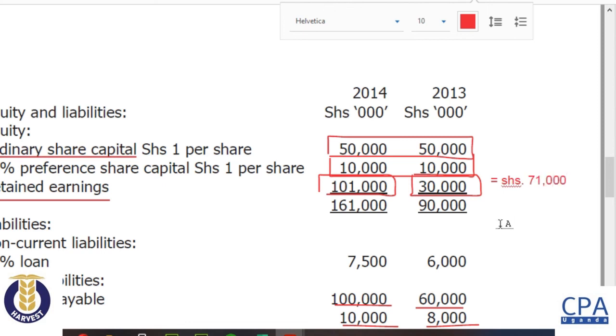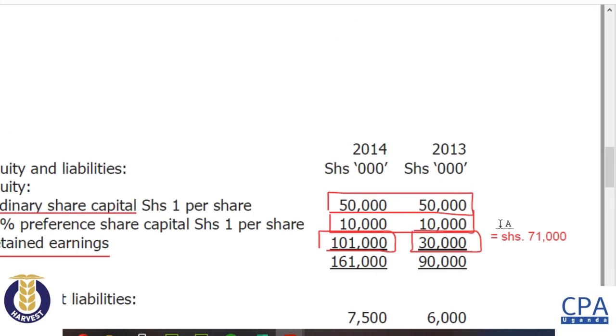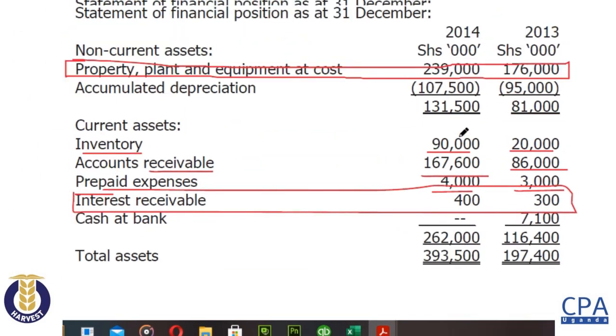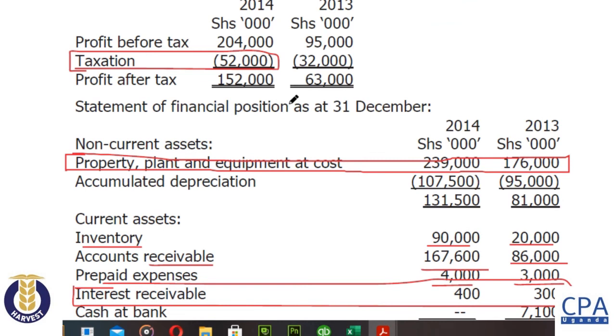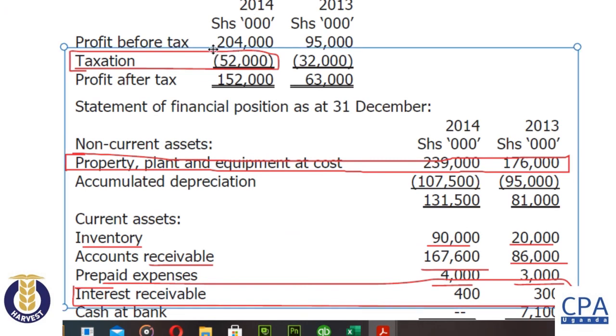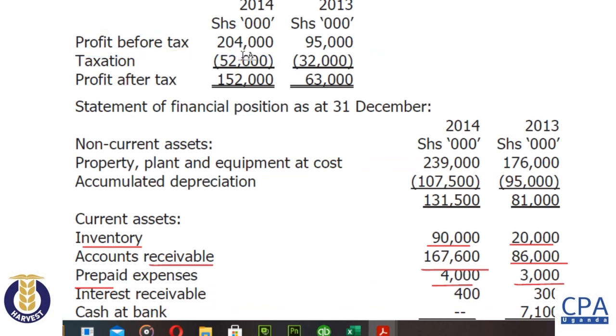Now I need to check and see whether the profit that we made is 71 million. Now when you see the profit that we made for 2014, of course you consider the profit after tax. We made a profit of 152 million. And of course, what does this one tell me?